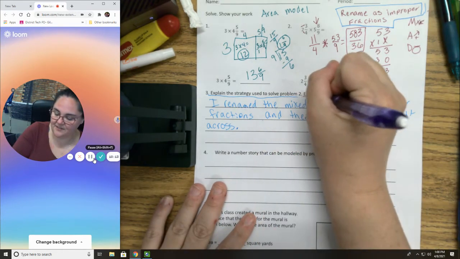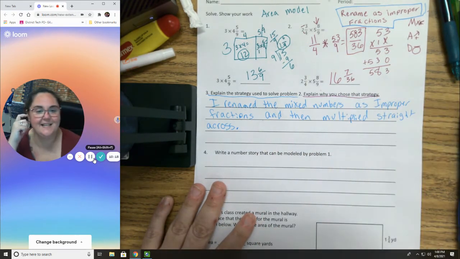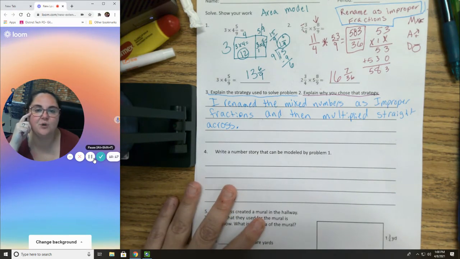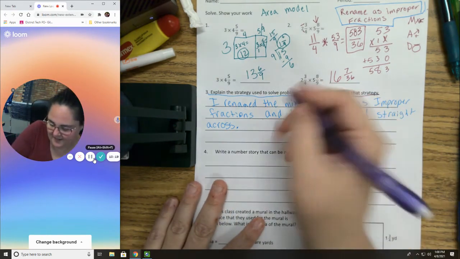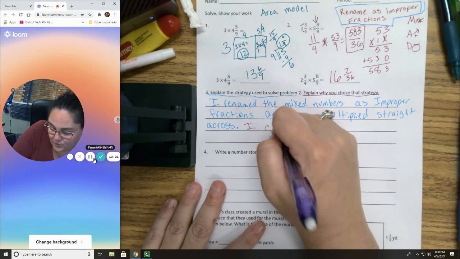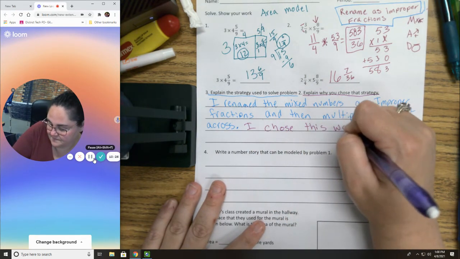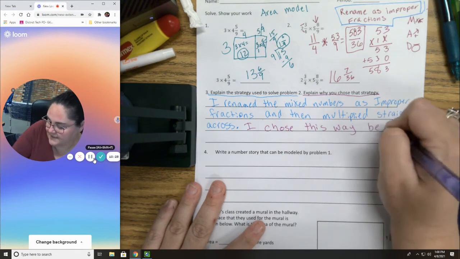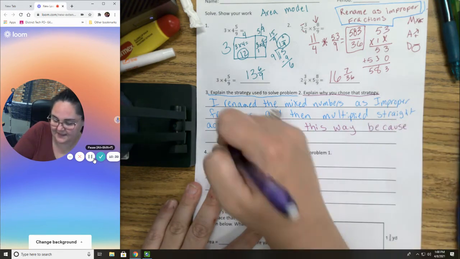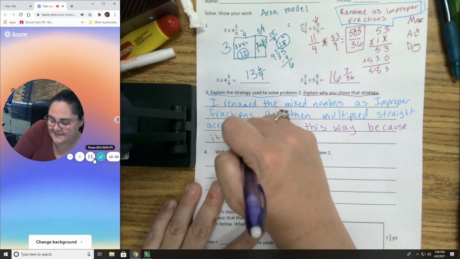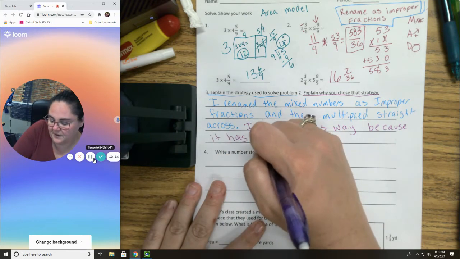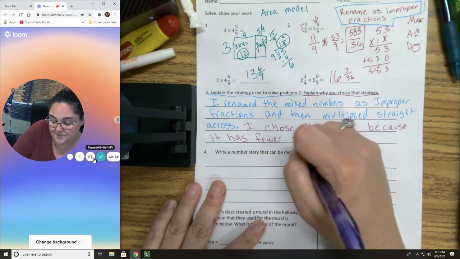The second part of this question says, explain why you chose that strategy. I chose this way because it has fewer steps.